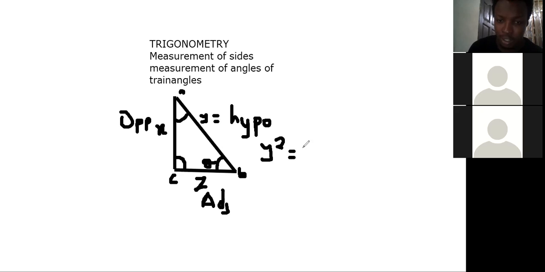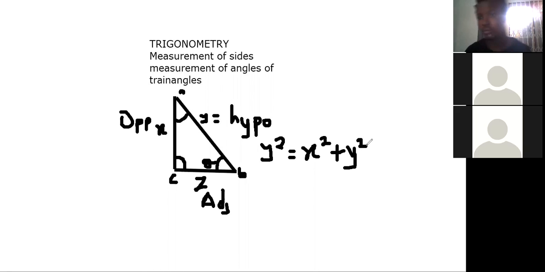And so that means y squared is equal to x squared plus z squared. I hope you get it to this point.